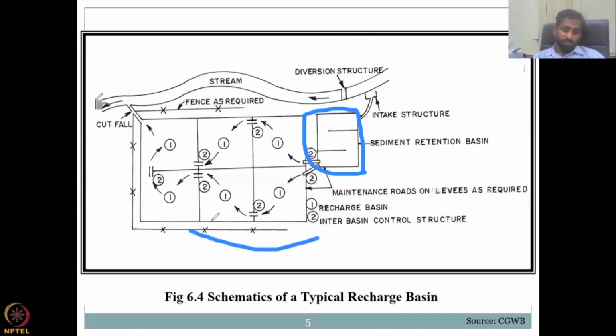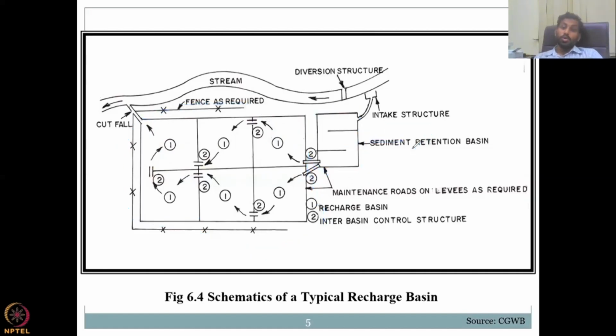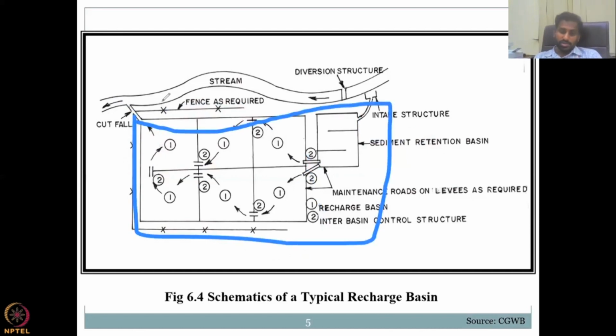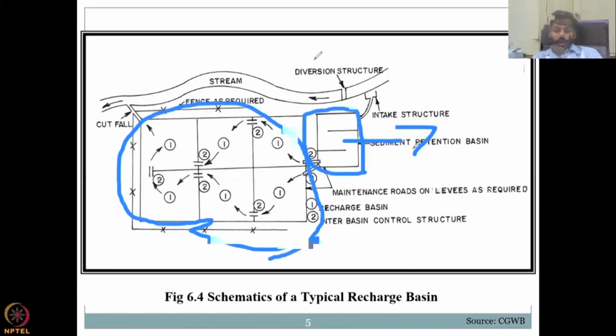You don't have to remove any sediments from this part, because most of the sediments are taken away in this basin. So you are actually sacrificing a part of your recharge basin. The entire thing is a recharge basin, and you're sacrificing a part of it so that you can remove the sediments, and then only the water goes into the recharge basin to actually recharge, and sediment is less.